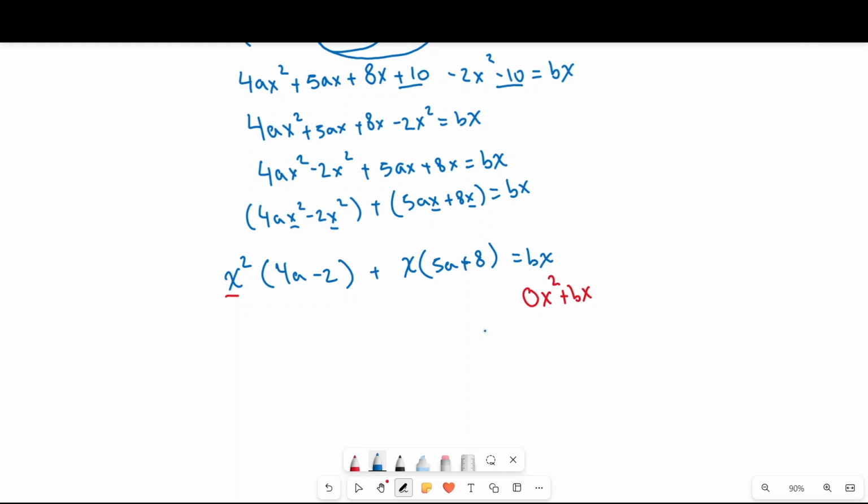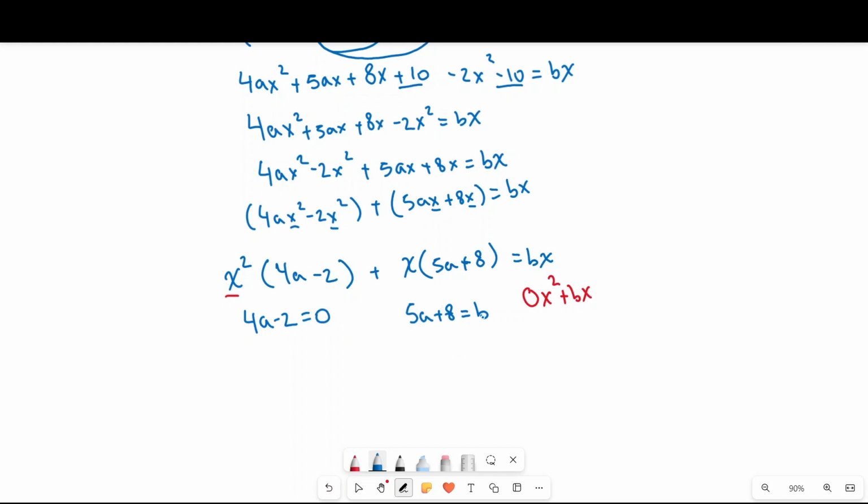Using that matching principle, we can say that 4a − 2 is equal to 0, because x² is attached to 4a − 2 and 0 on the left and right hand side, and 5a + 8 is equal to b.